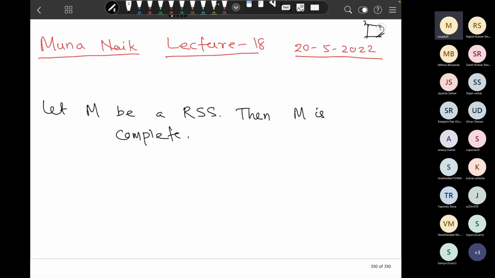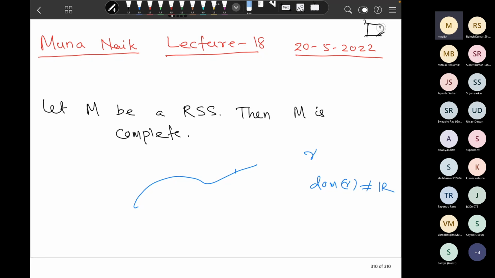Showing completeness is equivalent to showing that M is geodesically complete. So let gamma be a maximal geodesic, so that the domain of gamma is not equal to R. Then we choose a point p that asymmetrically divides this geodesic gamma.